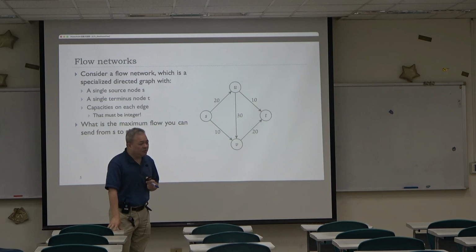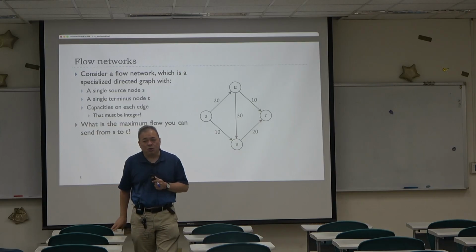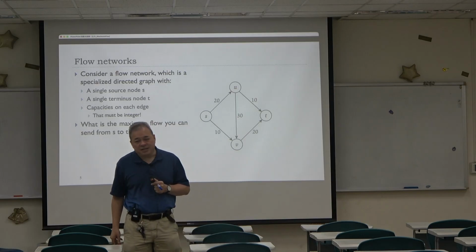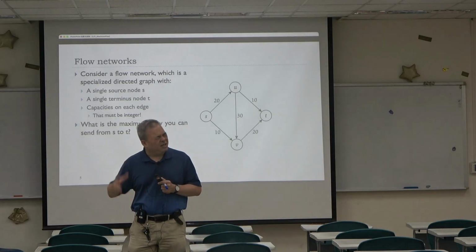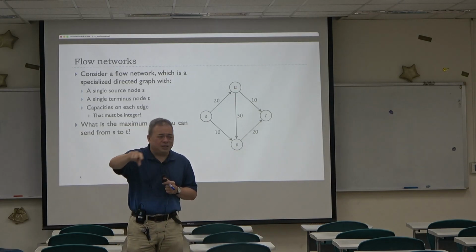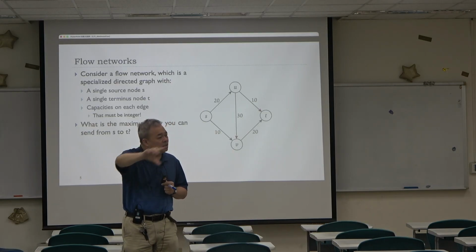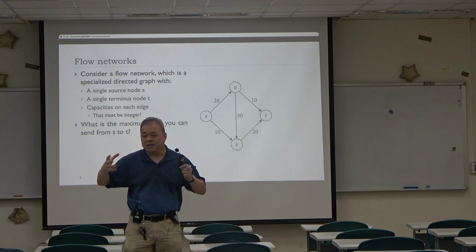And second, what exactly does this weight represent? This weight represents the capacity. Remember I told you it's just like water flow. You can imagine each edge is like a pipeline, a water pipe. A water pipe has a size.